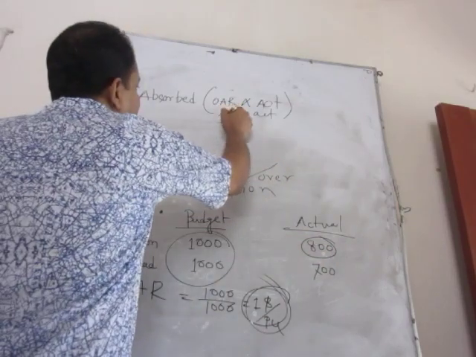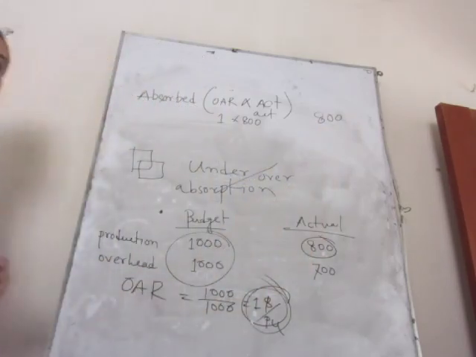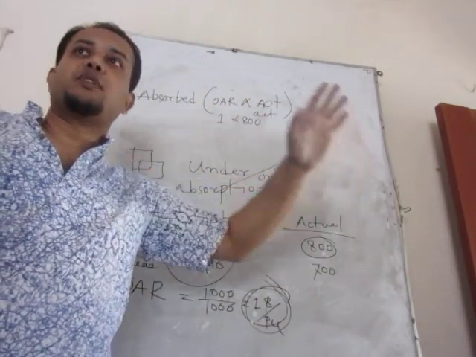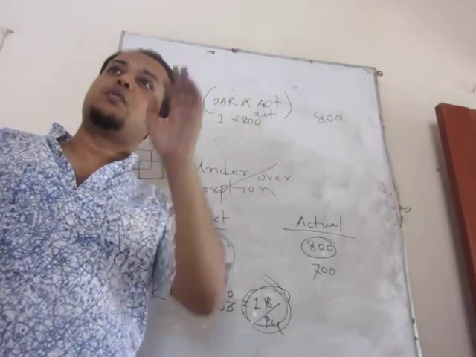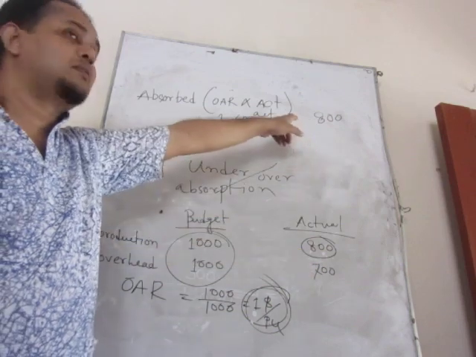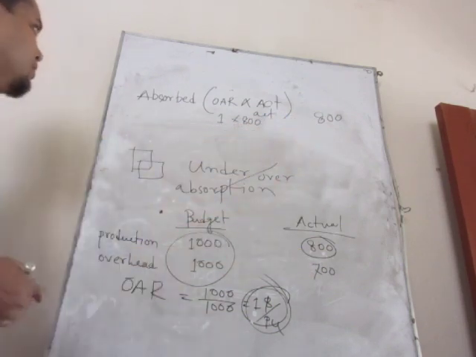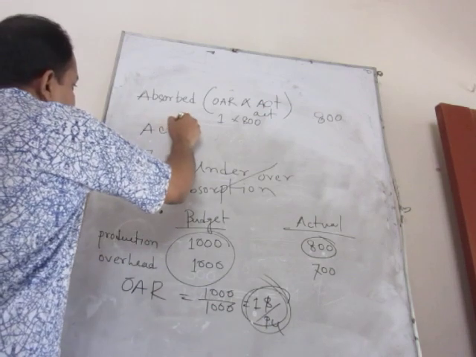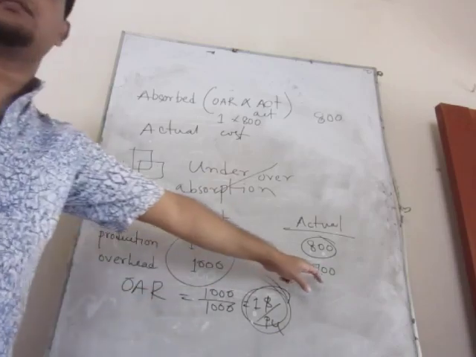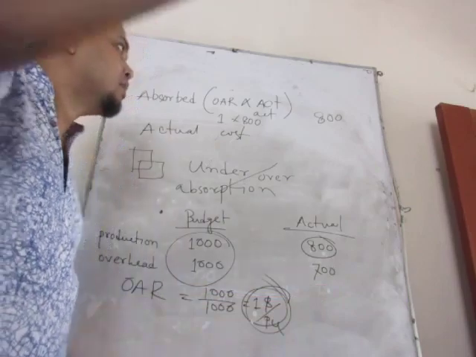So your 1 into 800 is 800. So absorb means according to your expectation, for producing the actual 800 units, 800 indirect cost, right? But the actual overhead was something different, 700.